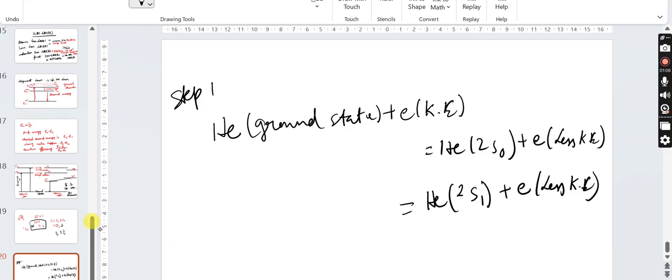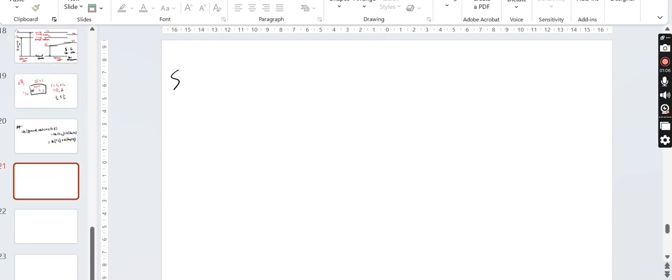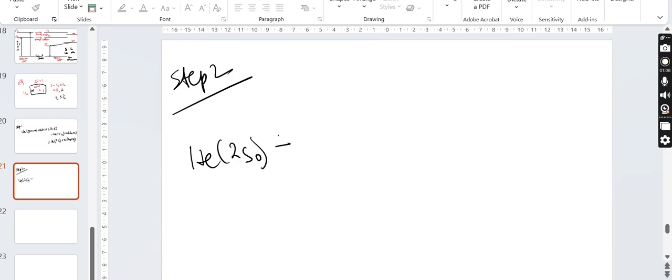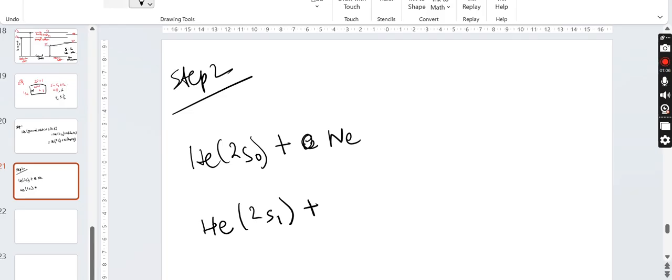In step 2, what happened? Of course, helium at the S0 level and S1 level goes into collision with neon ground state atoms.